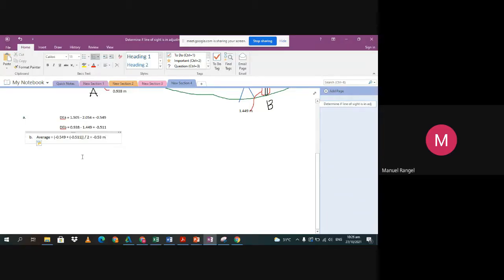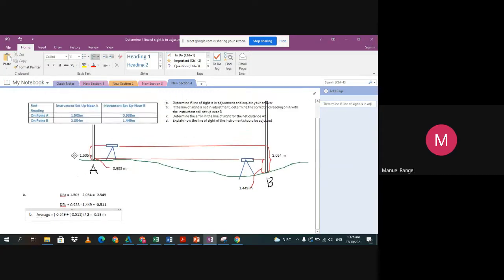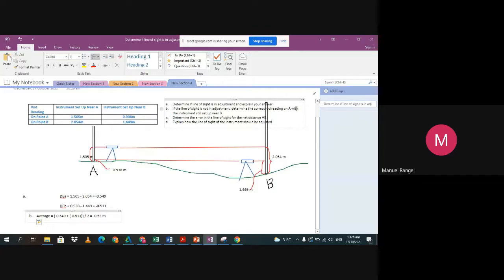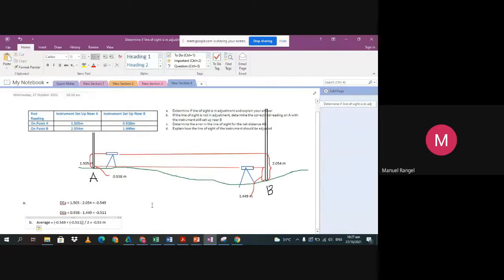So what will we do? The correct reading on A with the instrument still set up at B. So which reading will we adjust here? The 1.449, sir. Okay, correct. So that is the 1.449. We add that average: 1.449 plus negative 0.53.